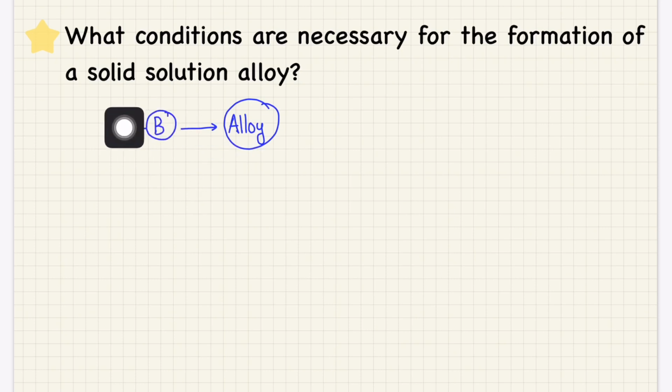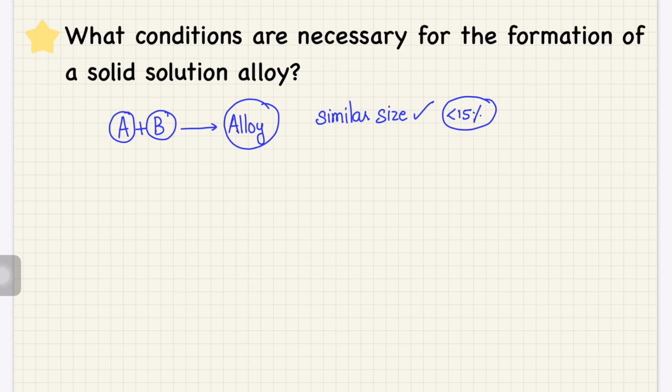B, should have the same size, the same crystal structure, and their chemical properties should be similar. That is basically given by the Hume-Rothery conditions. So what are the conditions? They should have similar size. The size difference should not be greater than 15%.